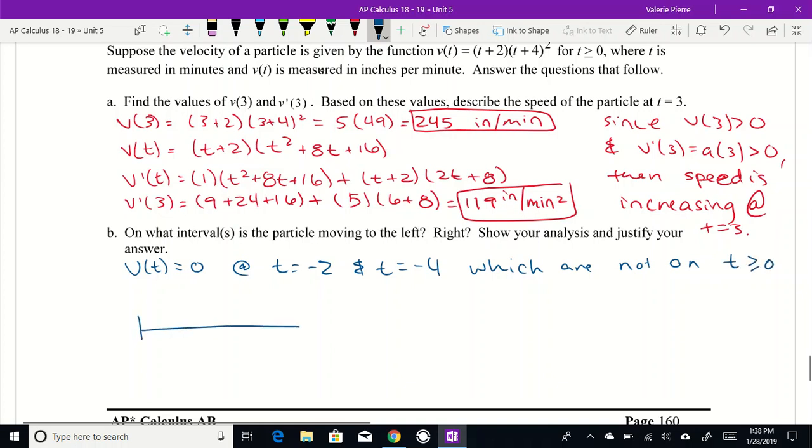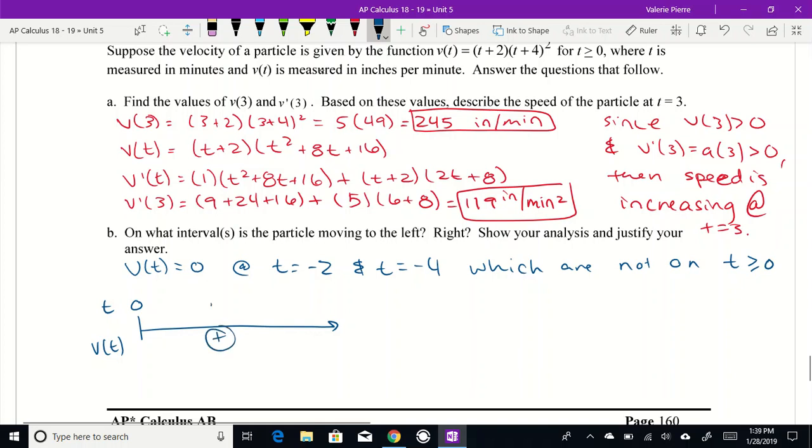So when I make this sign chart, I know t will be on the top, v of t will be on the bottom. So my first t is 0 because that's where my function actually starts. And then there are no critical values. So it doesn't matter what I plug into this, as long as that number is 0 or greater, my actual velocity will always be positive.